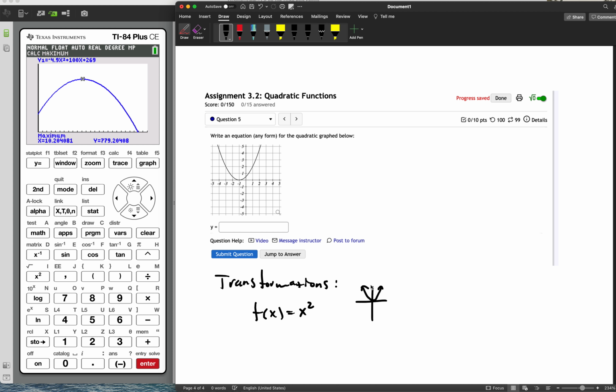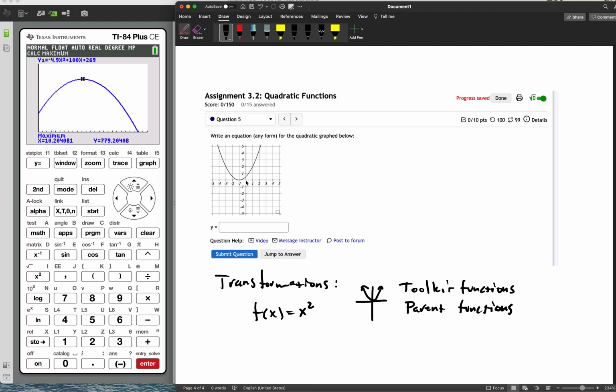It's one of what we call toolkit functions, or parent functions. This is a big list in your book. For example, there are lines at y equals mx plus b, there's the absolute value function, there are other functions as well.